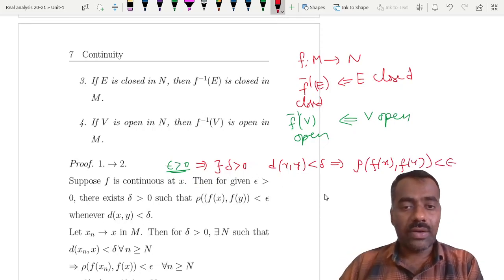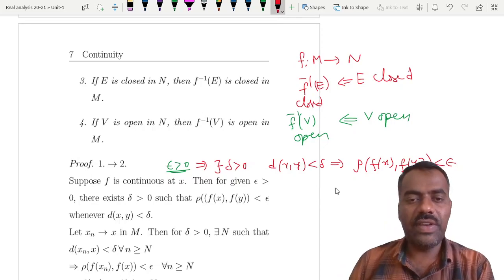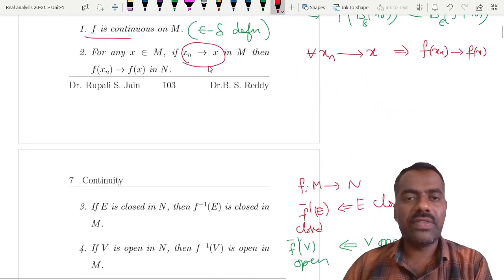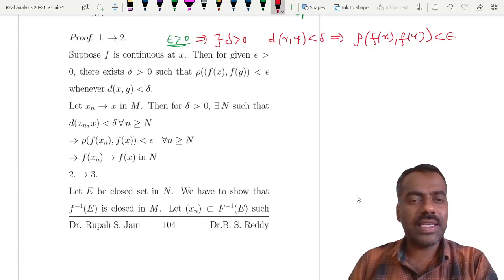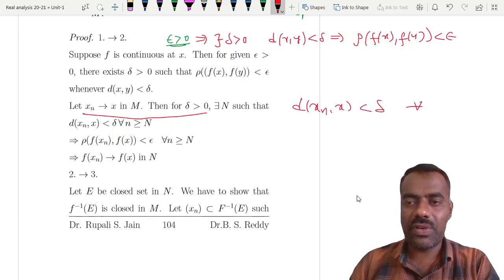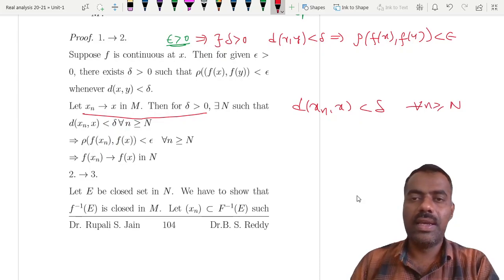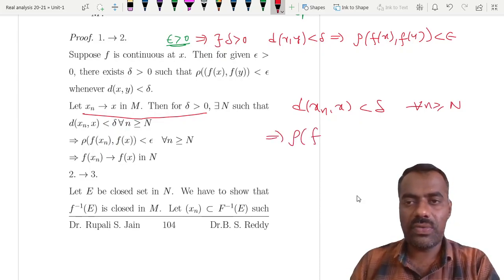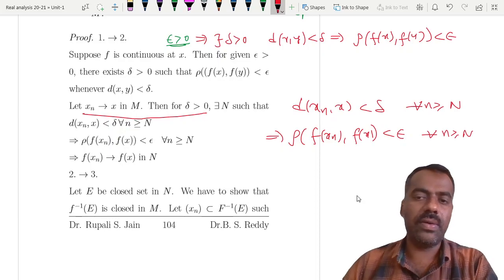Now for this delta we will apply xn converges to x. So because xn converges to x and we have delta greater than 0, there is some stage N such that the distance between xn comma x is less than delta for all n greater than or equal to N. Now applying this definition, that shows that rho of f of xn comma f of x is less than epsilon after this stage, for all n greater than or equal to N.